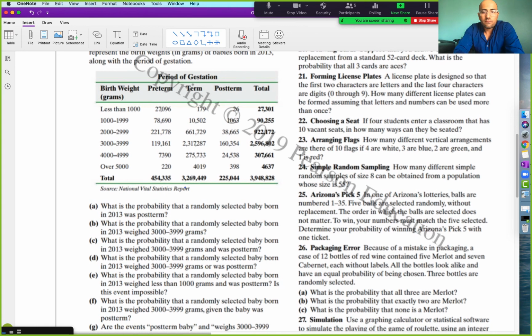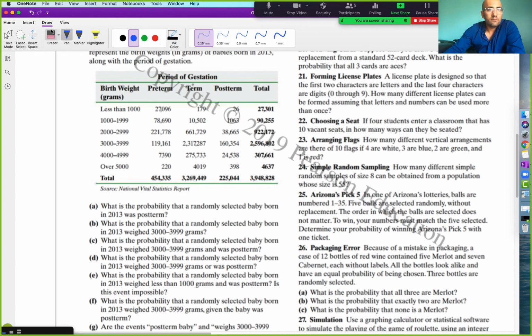Post-term. So part A is going to be equal to the probability of post-term, which is equal to a division of 225,044 divided by 3,948,828, right?